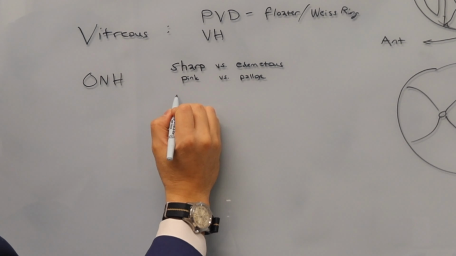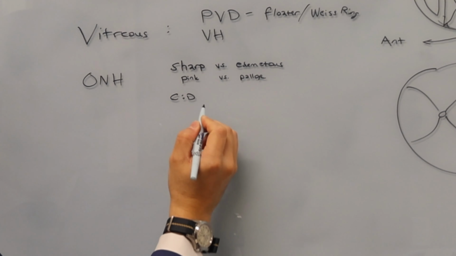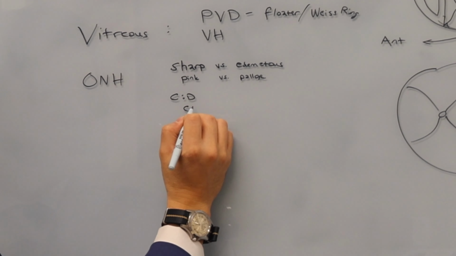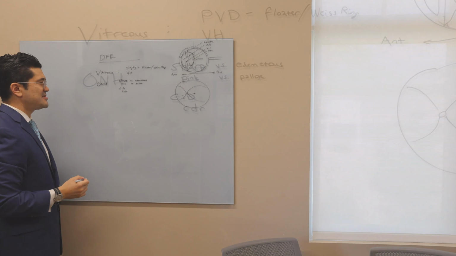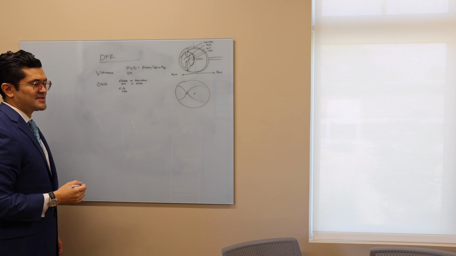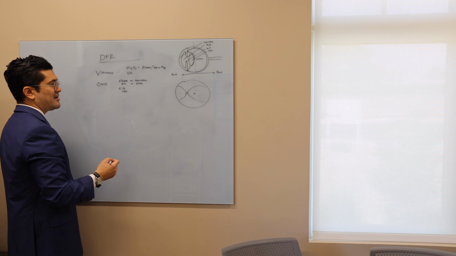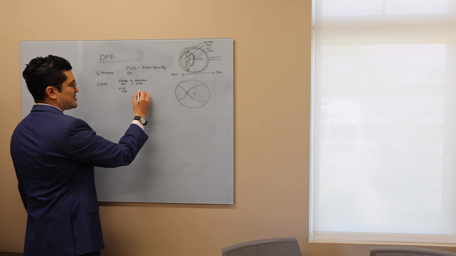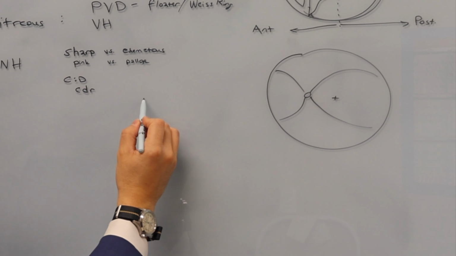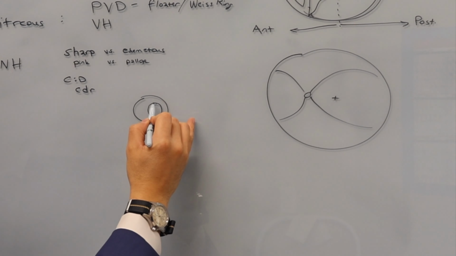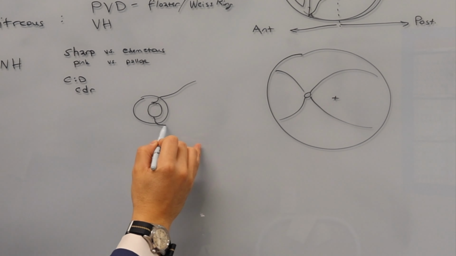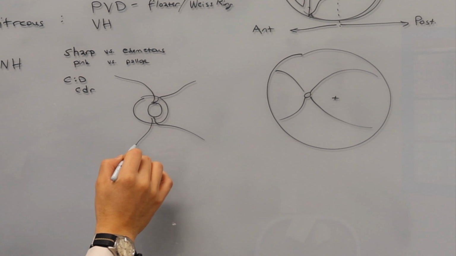The second part we look at is the cup to disc ratio. Sometimes you'll see it written as CDR, and it means the same thing. What we're doing is physically gauging the size of the central cup compared to the overall size of the nerve itself. Let's zoom in on that optic nerve, and you will see the blood vessels curve around the edge of the nerve.